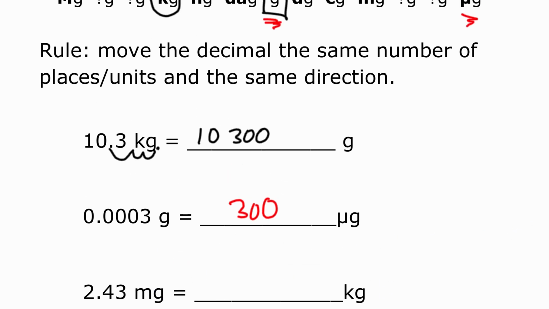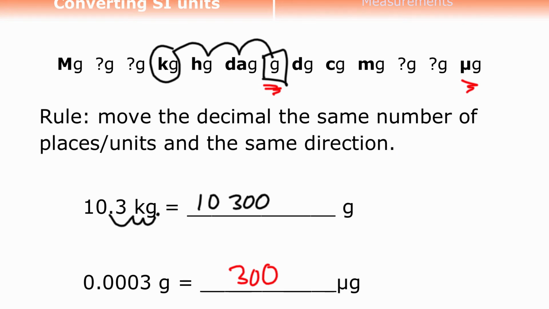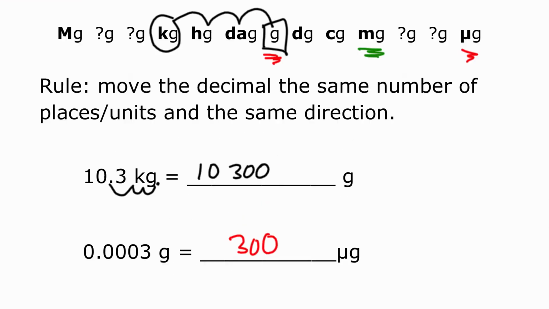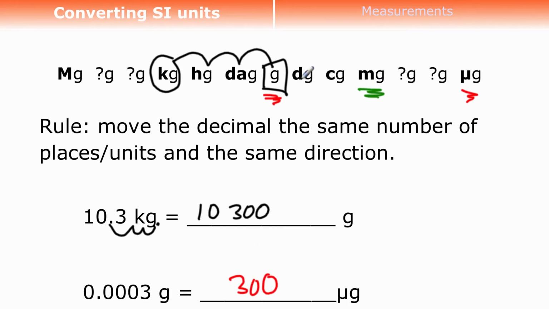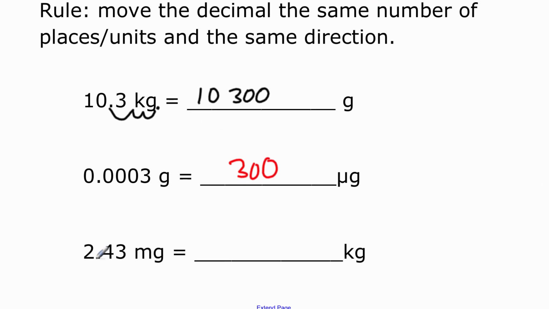Here's one more. A milligram to a kilogram. Okay, let's go up. Milligram, new color. Milligram is here, and I need to go to, what was it? Kilograms. So that's 1, 2, 3, 4, 5, 6. And notice I'm going to the left, so I have to wind up there. So I'm starting here, so 6. Oh, it's going to be 5 more zeros in front.